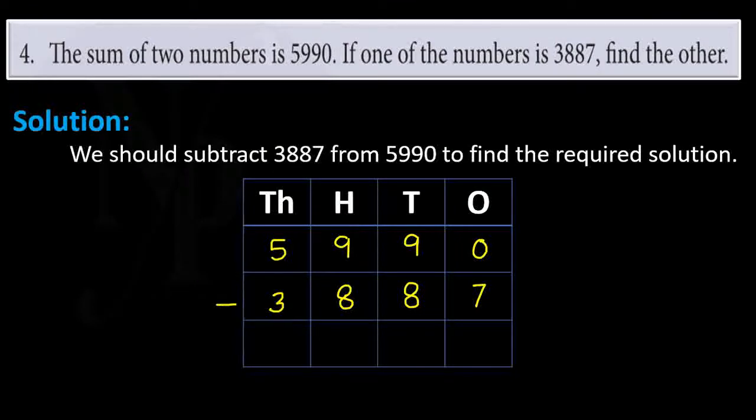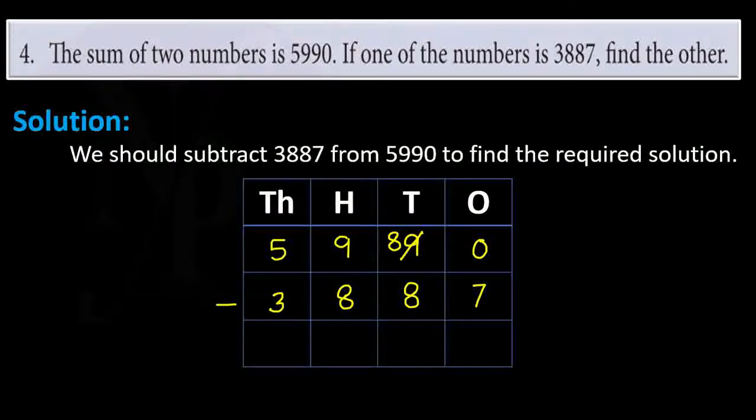Now let us subtract, starting from ones place. Subtracting 7 from 0 is not possible, so what we should do is we need to regroup the digits here. So this 9 tens becomes 8 tens and we borrow 1 ten to the ones place.